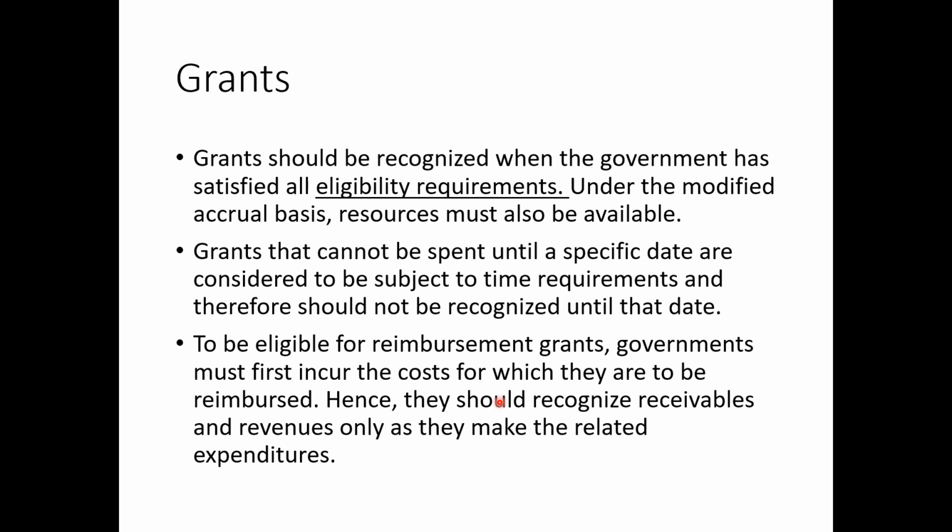For this year you can only recognize $5 revenues, although the total grant will be $10, because you spent $5. And if you only receive, let's say, $3 reimbursement from the government, you still recognize $5 grant revenues because you spent $5. So the $2 difference becomes receivables from the government. That's the way we handle the reimbursement grant.